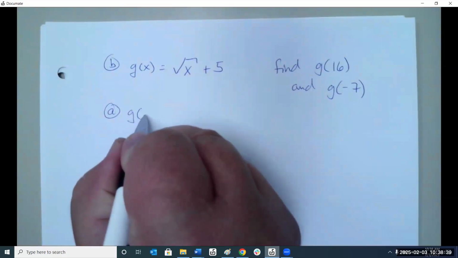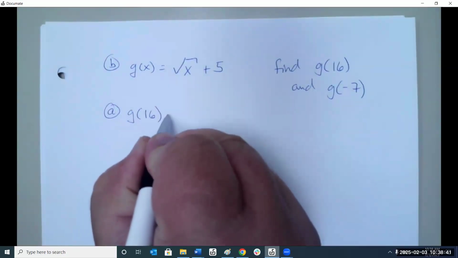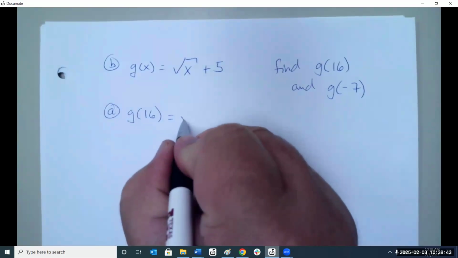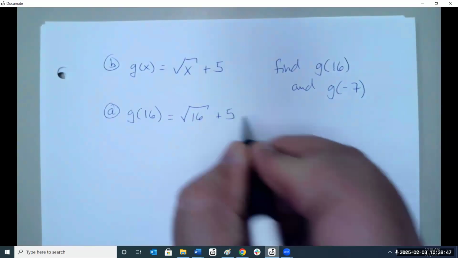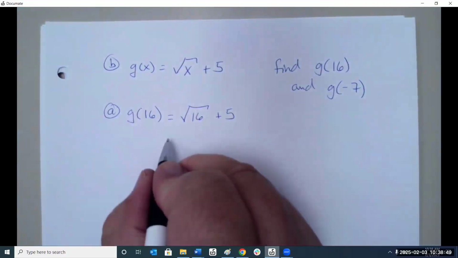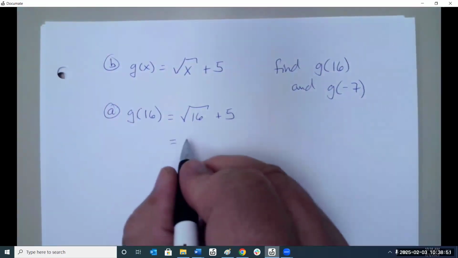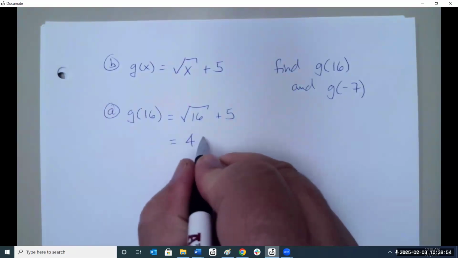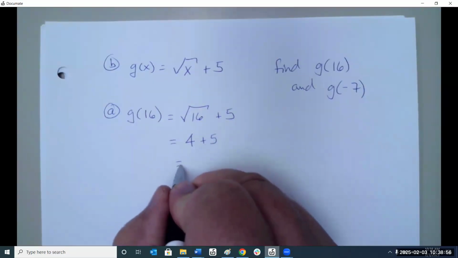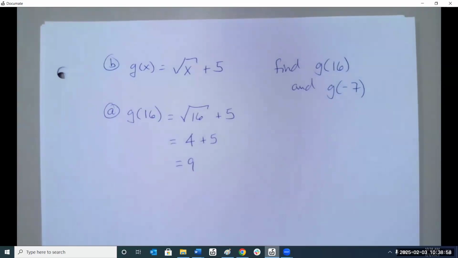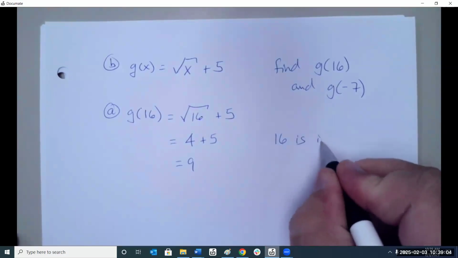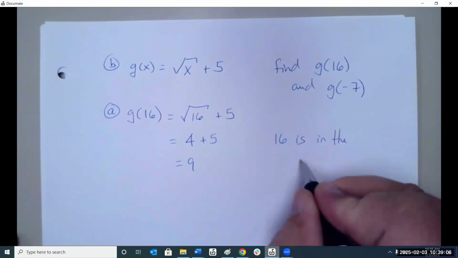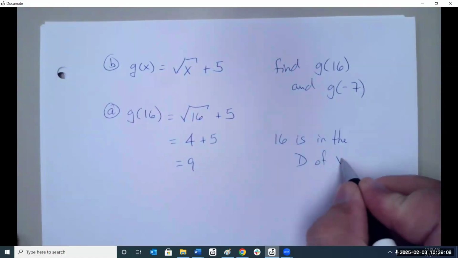So g of 16. Anywhere I see an x, I put a 16. Square root of 16 is 4, plus 5. So is 16 in the domain of x? Yes. In the domain of x.